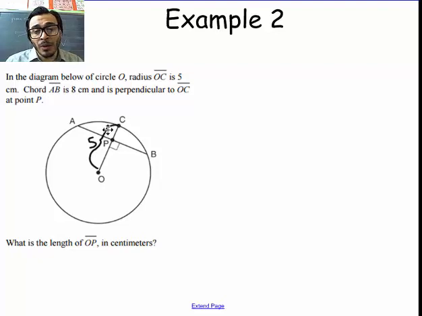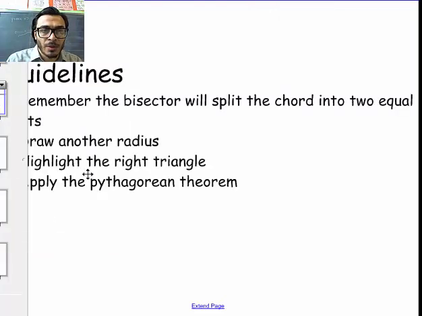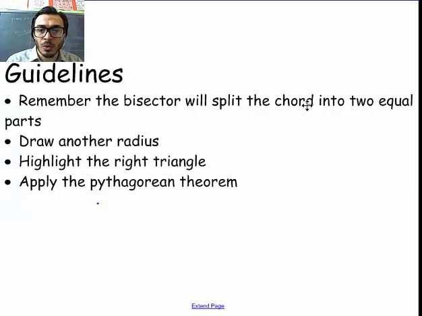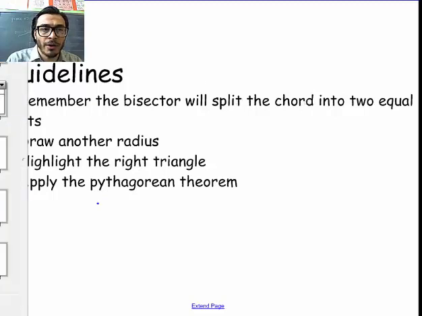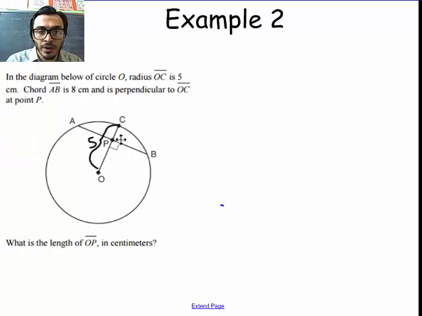Now, I know that the whole chord is 8, but using that first guideline I was talking about earlier, let's go to it. Remember that the bisector will split the chord into 2 equal parts. So if we apply that, if the whole chord is 8, then we know that PB is going to be 4 and AP is also going to be 4. And we're being asked to find the length of OP.